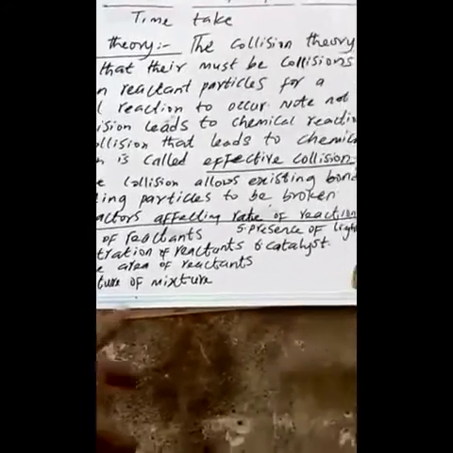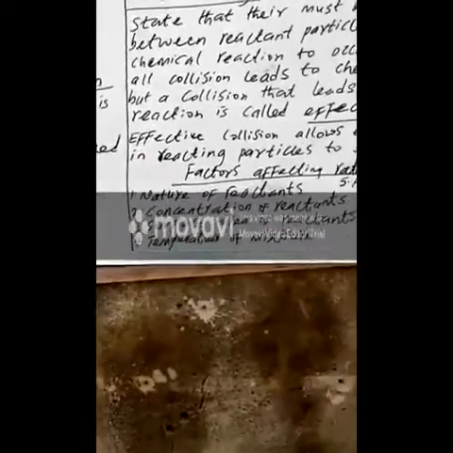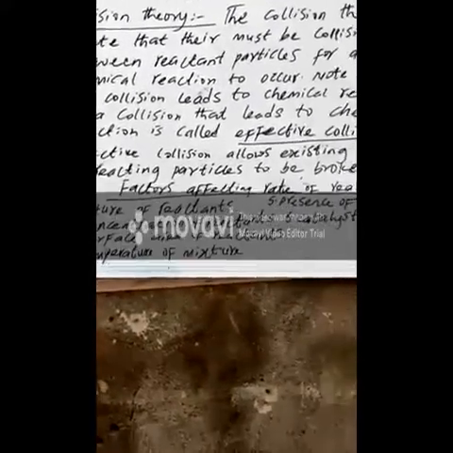Now, surface area has to do with the number of surfaces of the reactant which is exposed per unit time for reaction. Let's take a cube of sugar for instance. You drop a sugar cube in water, and you take ground sugar and drop it in water. You discover that the ground particles will dissolve faster than the solid cube.